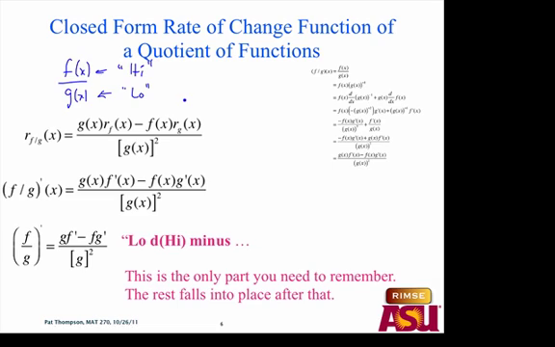So with product rule, all you have to do is remember the symmetry of it. You got the two functions, one times the derivative of the other, plus, now switch it, right? Here, you can't just switch these because it's minus. If you switch those, you get a different answer. You've got to get the right one first. Low d high has to come first. Minus high d low.